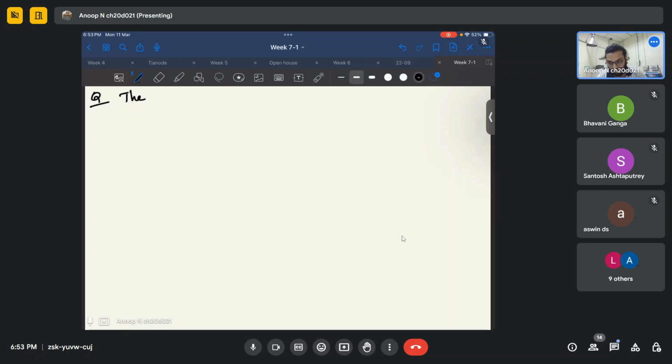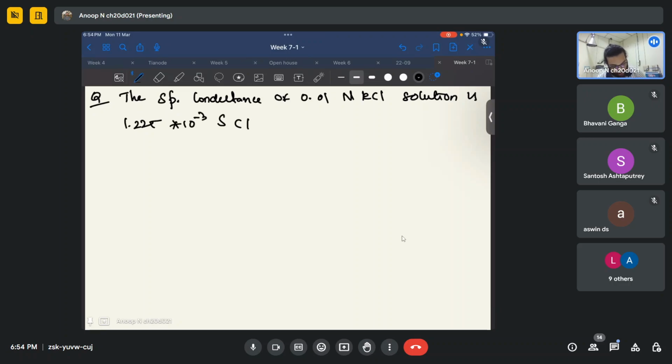Question 1. The specific conductance of 0.01 normal KCl solution is 1.225 into 10 raised to minus 3 Siemens centimeter raised to minus 1 at 18 degrees Celsius.